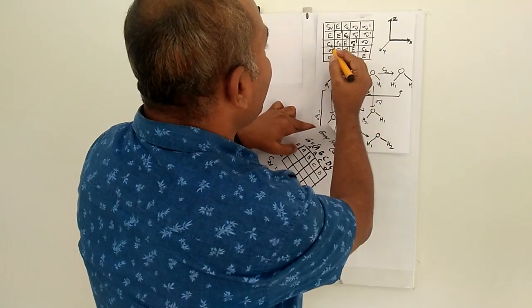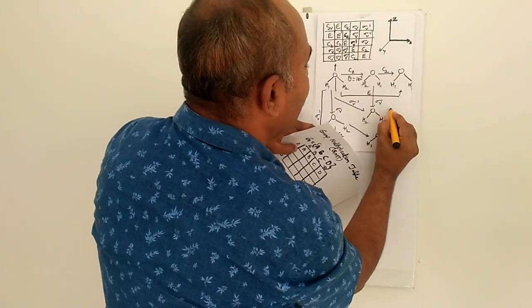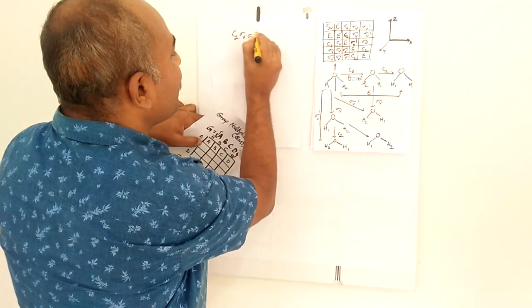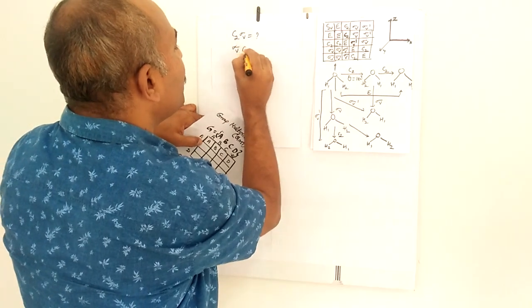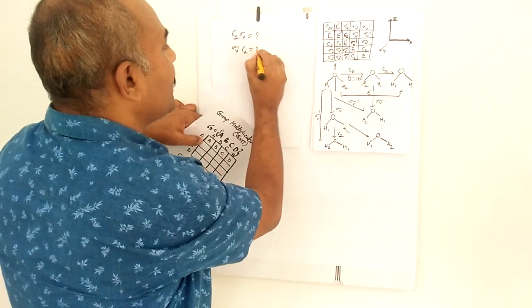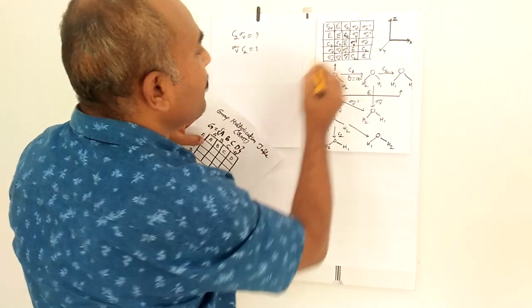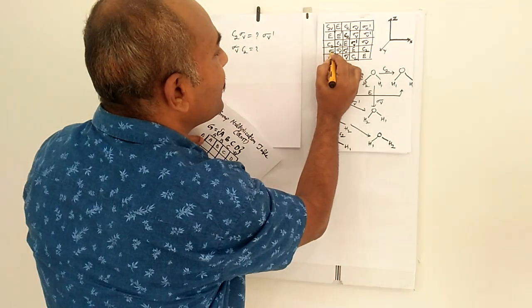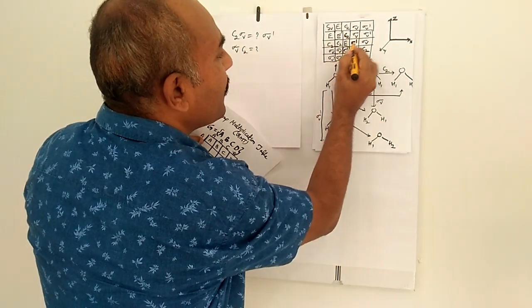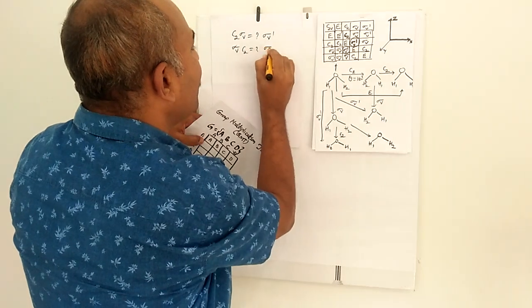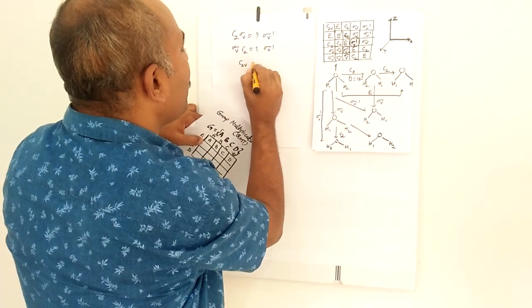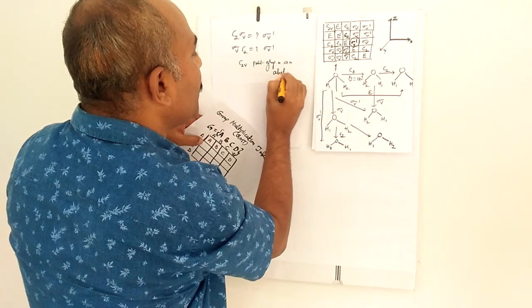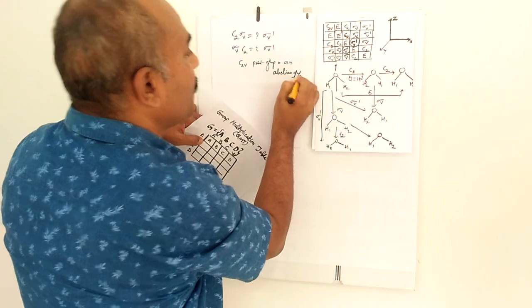AB means you take two elements, C2 into sigma V. When you take C2 into sigma V and sigma V into C2, if both answers are the same, then the group is an abelian group. The answer for C2 into sigma V is sigma V dash, and the answer for sigma V into C2 is also sigma V dash. In both cases the answer is sigma V dash. So this C2V point group is an abelian group.